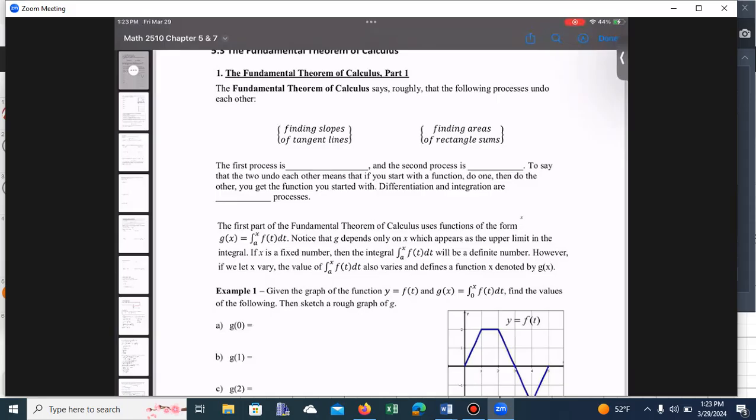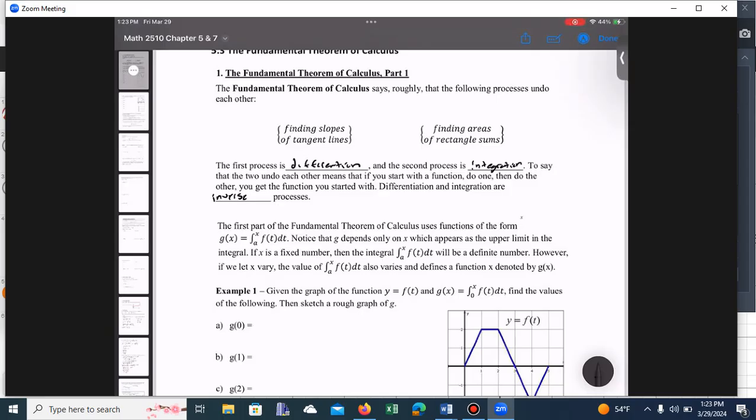The first process is differentiation, and the second process is integration. To say that the two undo each other means that if you start with a function, do one, then do the other, you get the function back that you started with. And so again, like I said, they are inverse processes.